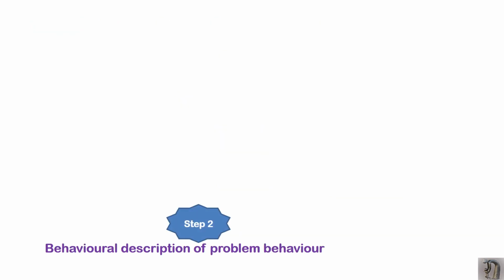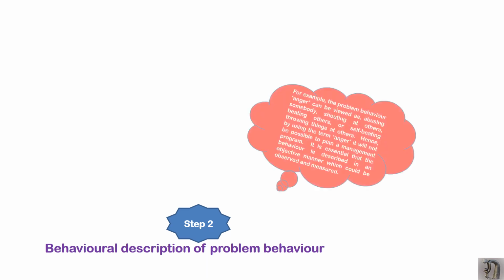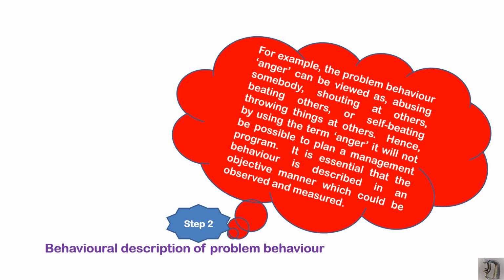Then the second step is behavior description of problem behavior. So behavior description is very, very important. For example, a problem behavior like anger can be viewed as abusing somebody, shouting at others, beating others or self-beating, throwing things at others. Hence, by using the term anger, it will not be possible to plan a management program, right?